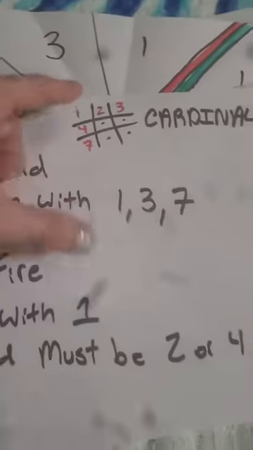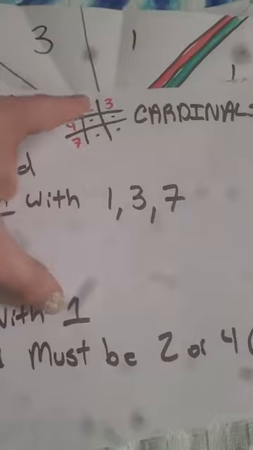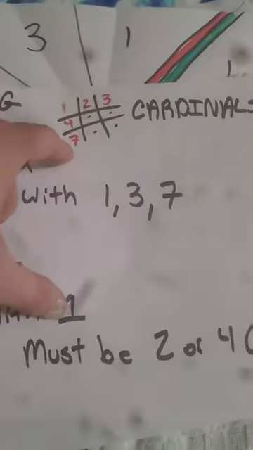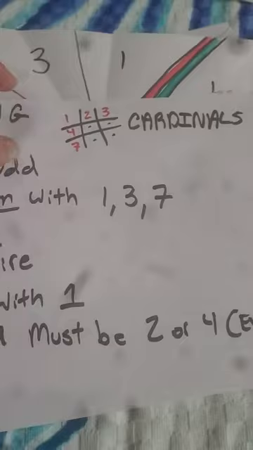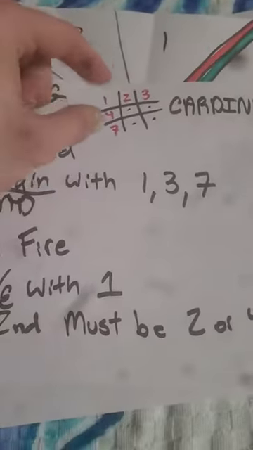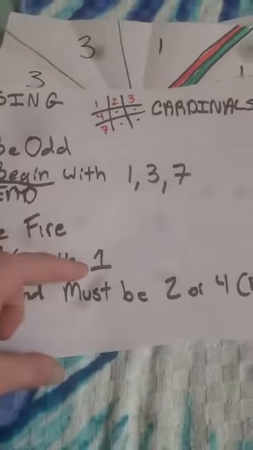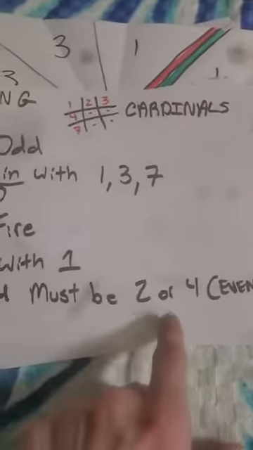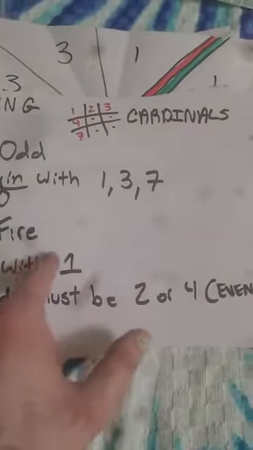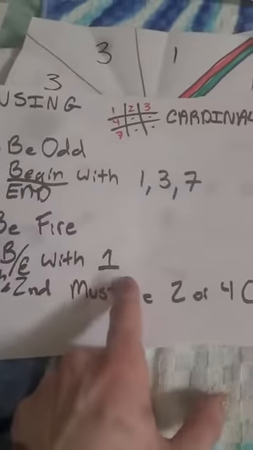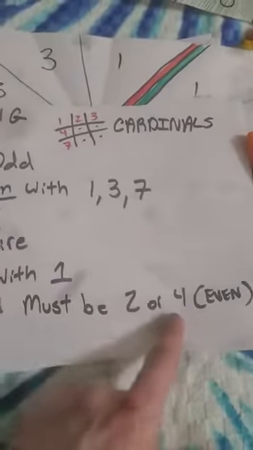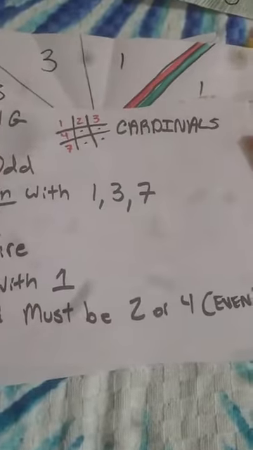Because if it was 11, 13, or 17, because this is odd, this would make them all air. So in order to keep them fire, when we begin and end with 1, we need to make sure that the digit before the 1, the tens place, the second place, and because they're symmetrical, that would correlate with the 8th place, must be 2 or 4, even, because 1 with an odd number, 1, 3, or 7, would create an air number.